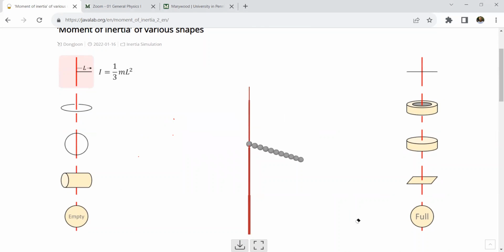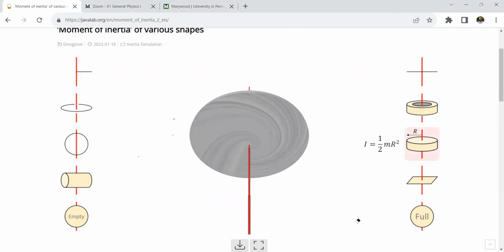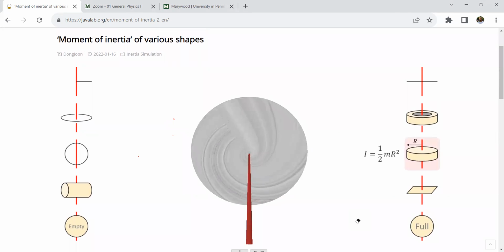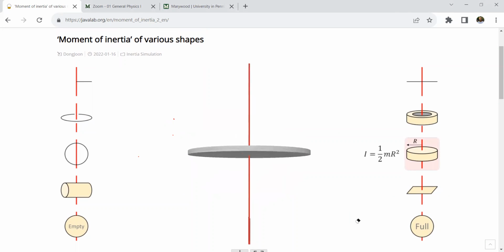Here you see this is rotating about its center, and the moment of inertia for this disc, or a solid cylindrical object, is half M R square, where M is the mass of the object and R is the radius.